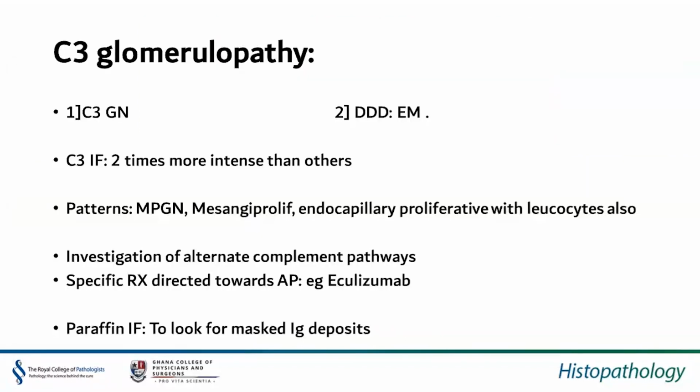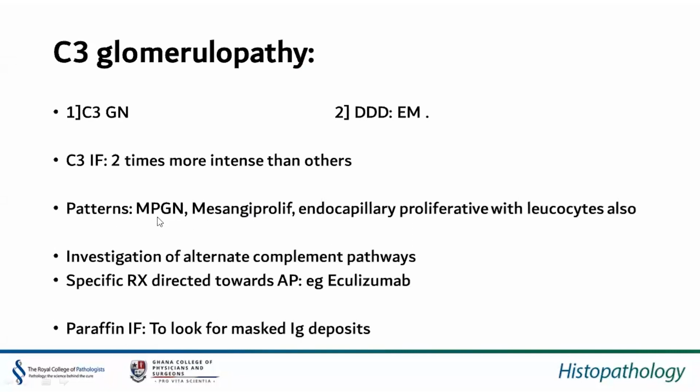Coming to C3 glomerulopathy, it's a family which includes C3 glomerulonephritis and dense deposit disease. In order to make a diagnosis of dense deposit disease, you must do electron microscopy. In C3 glomerulonephritis, the staining for C3 by immunofluorescence should be at least 2 times more intense than the staining for others, that is, at least 2 times more than staining for IgG or IgA or the others.